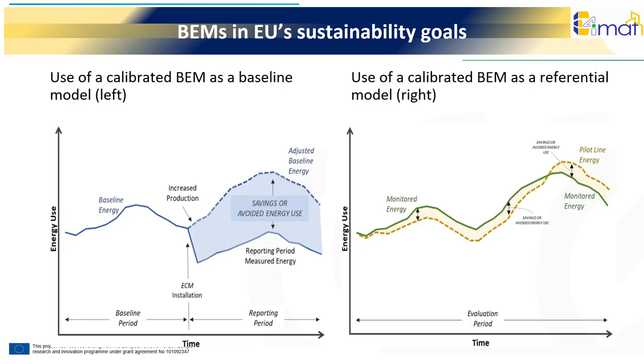On the other hand, a calibrated BEM could be used as a referential model, not to be mistaken for a reference model, which represents a code-compliant, typical, or normative building used for benchmarking. Just as the baseline model, a referential BEM is an accurate or calibrated representation of the building in its current or as designed state.